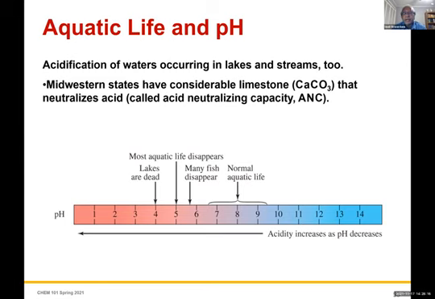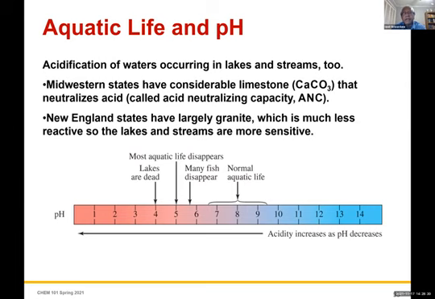The acid neutralization capacity of Midwestern states is higher than other states. Some states have more granite type rock, which is much less reactive. Lakes and streams are more sensitive.